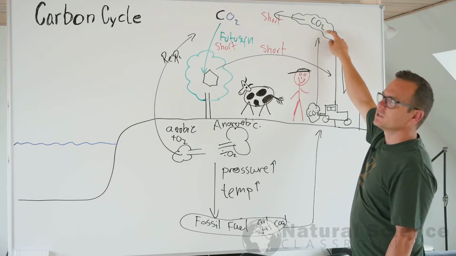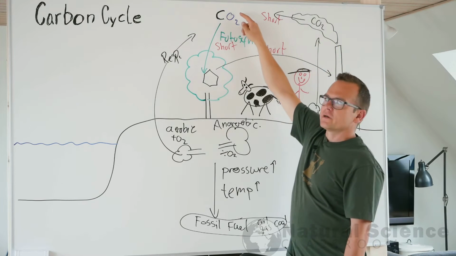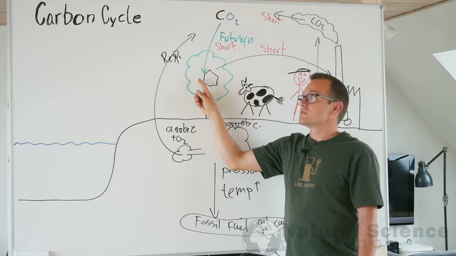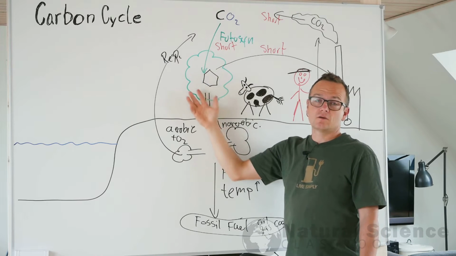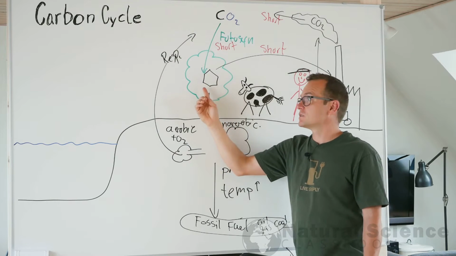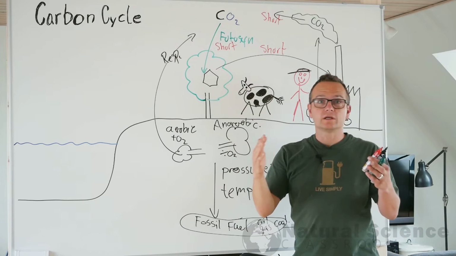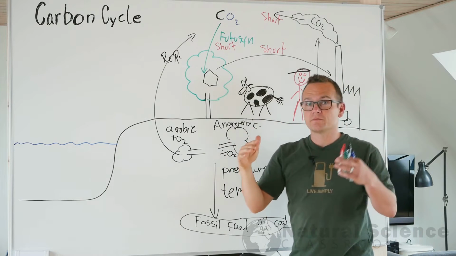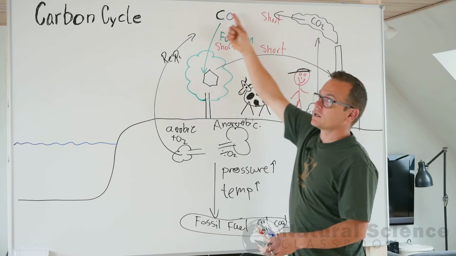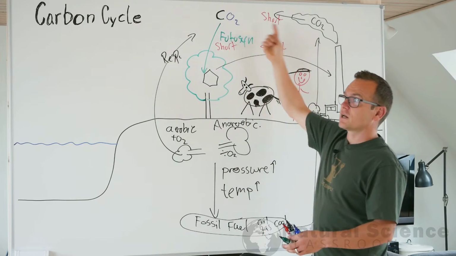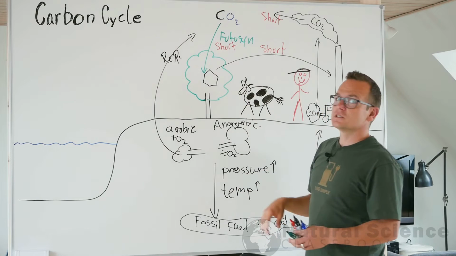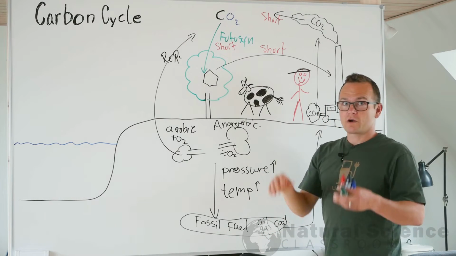Because if you emit CO2 into the atmosphere and the CO2 right away is reabsorbed into organic matter through the photosynthesis, then the concentration of the CO2 in the atmosphere won't rise, it will stay the same. So this is a really fast cycle and therefore the CO2 in the atmosphere won't rise.